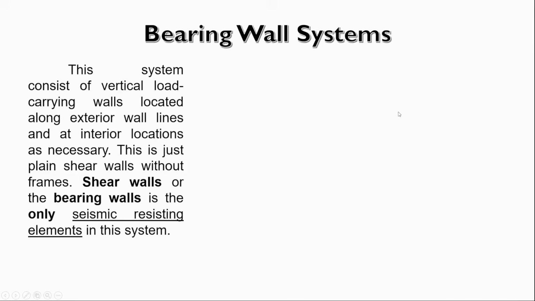Mostly frames are also used to carry vertical loads, but bearing wall systems have no frames. They only consist of bearing walls or shear walls, and these shear walls and bearing walls both resist the vertical loads, and they are also the seismic resisting elements. So they resist both earthquake and gravity and live loads.